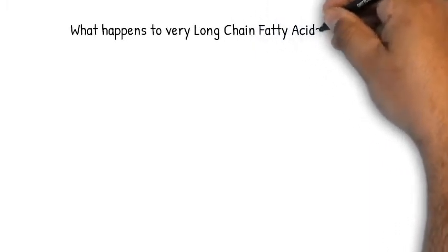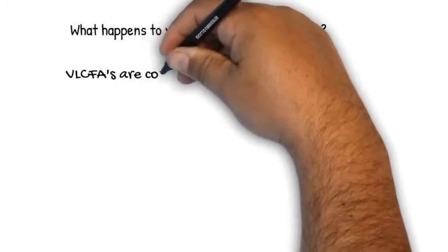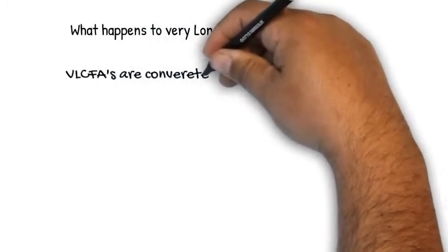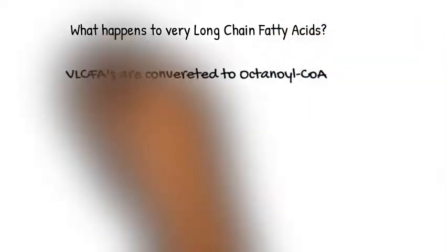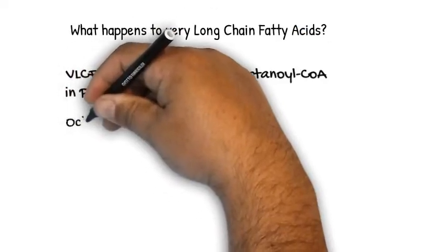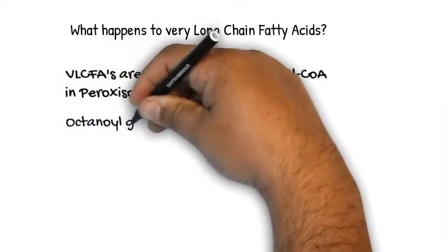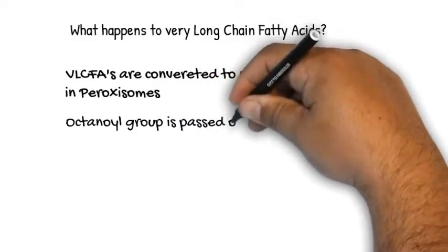The next question that arises is what happens to the very long chain fatty acids? They cannot go to the mitochondrial matrix for beta oxidation, so instead they convert it to octanoyl-CoA in the peroxisomes. As the name implies, these are 8-carbon fatty acids.